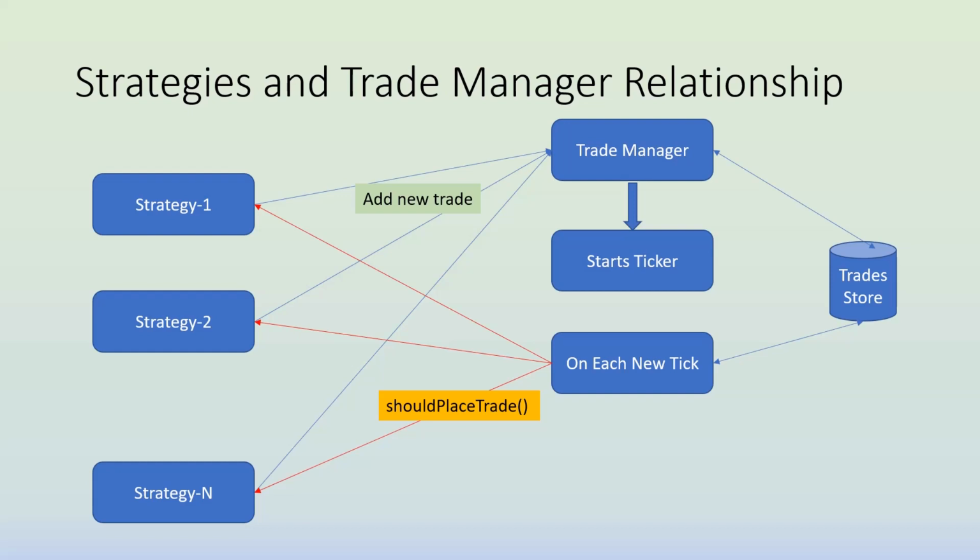So it will find the corresponding strategy and ask that particular strategy whether to place the trade or not. If the strategy says yes, based on the current market price or any other conditions, then the trade manager will place the trade by calling the order manager. That's how the flow works.